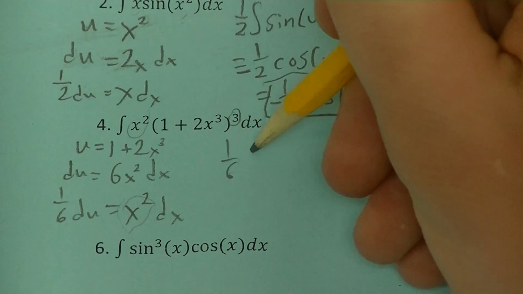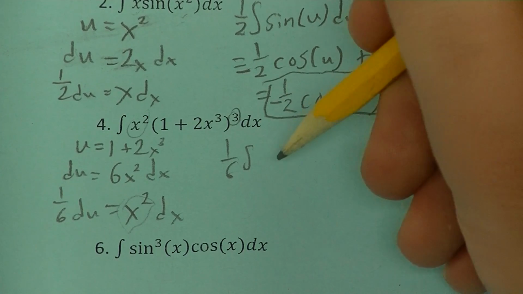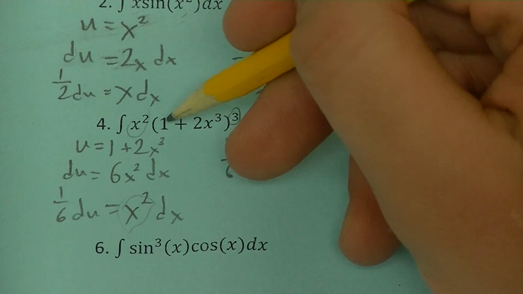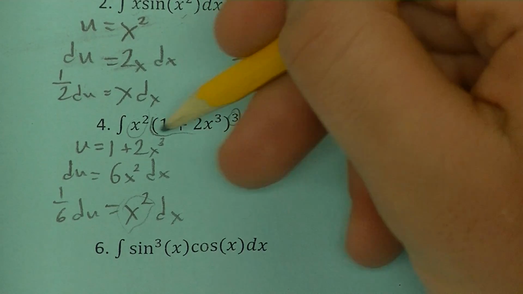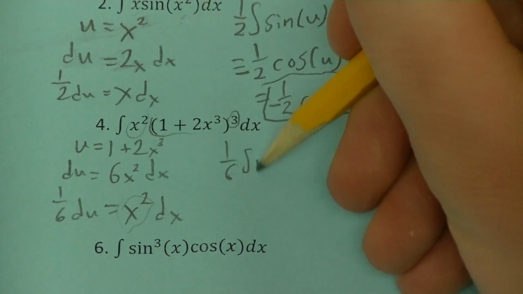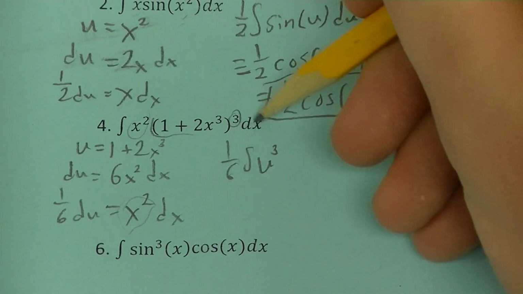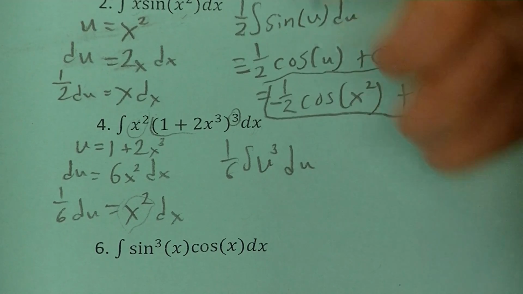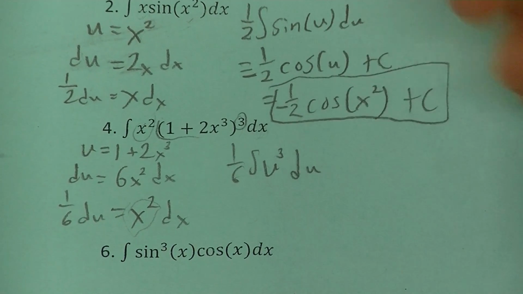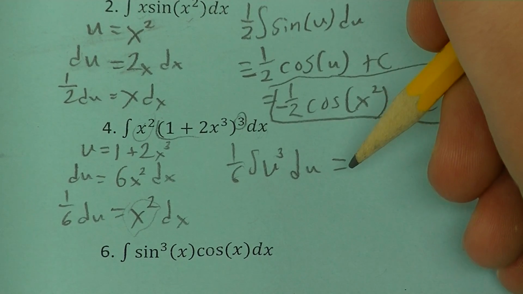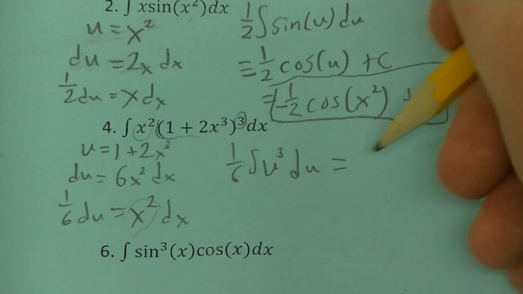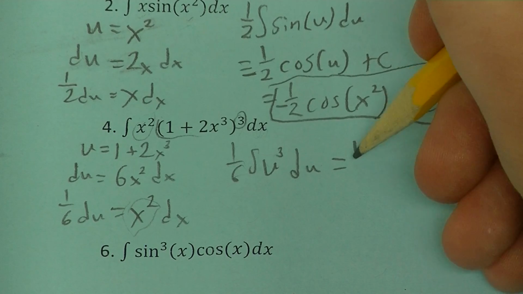So we can once again rewrite our integral as the 1/6 of this part right here, which is our u to the power of 3. And then we can take this dx and this x squared over here and simplify the whole thing down to our du. So now we can very easily find that integral, which is equal to 1/6.